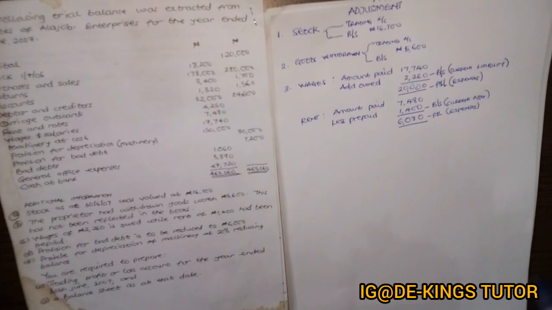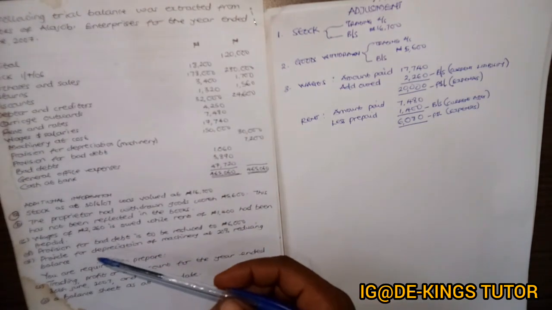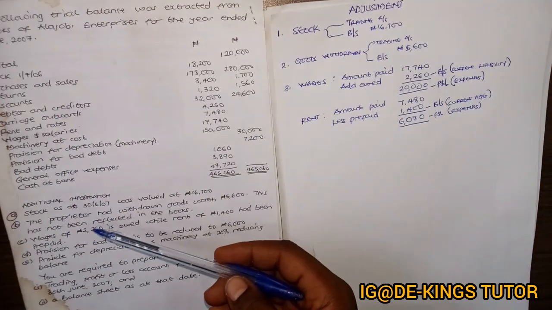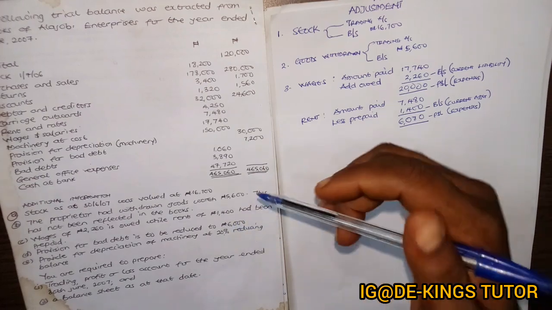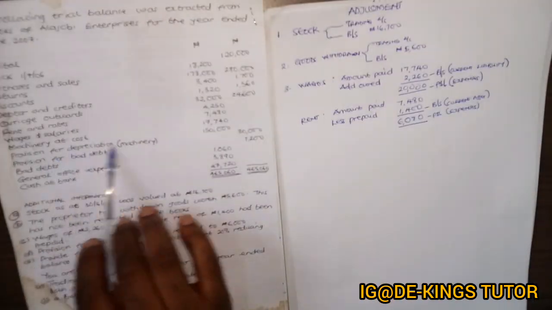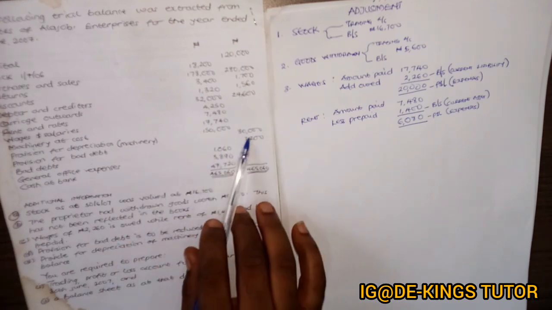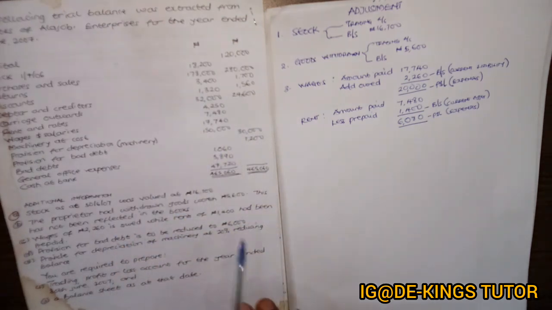Okay, in this case we have to check in the question if there is provision for bad debt there. If we check here, we have provision for bad debt as 7.2, but they said it should be reduced to 6,000.